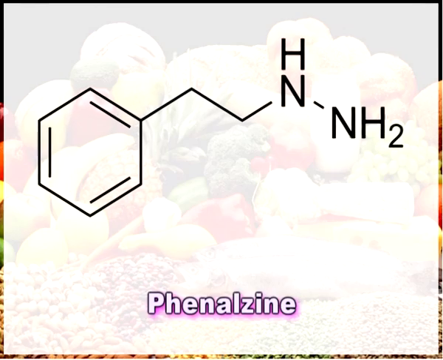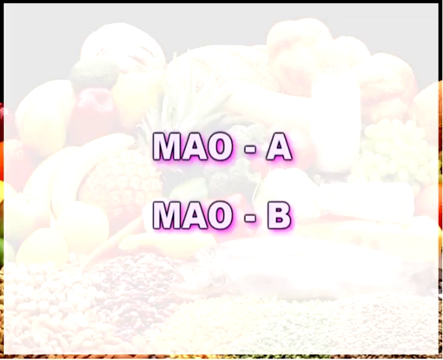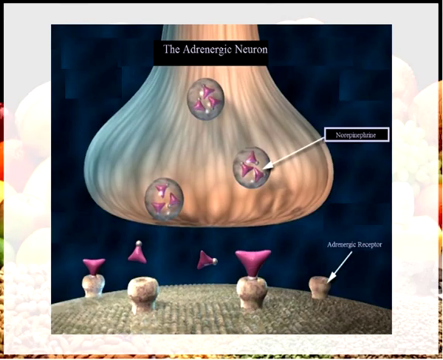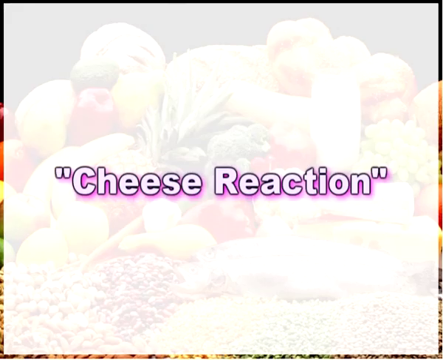The first generation MAOIs such as phenelzine and isocarboxazid were largely non-selective inhibitors of both substrates of MAO-A and MAO-B. Tyramine is an indirectly acting sympathomimetic agent degraded by MAO, but in the presence of MAO inhibitors, it escapes degradation and reaches the systemic circulation, where it is taken up by the adrenergic neurons, leading to a hypertensive crisis, also called cheese reaction.